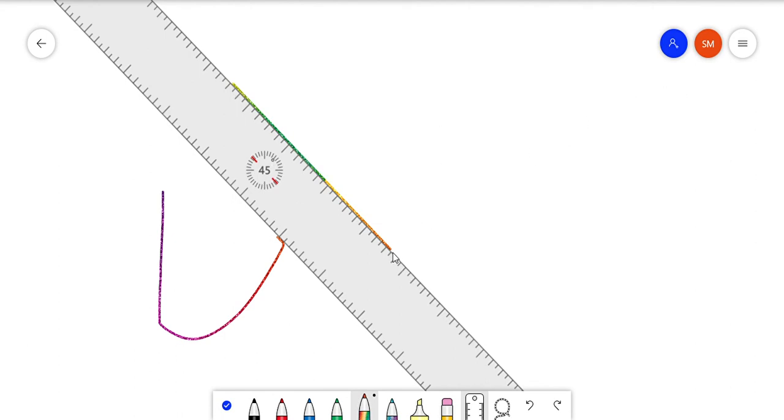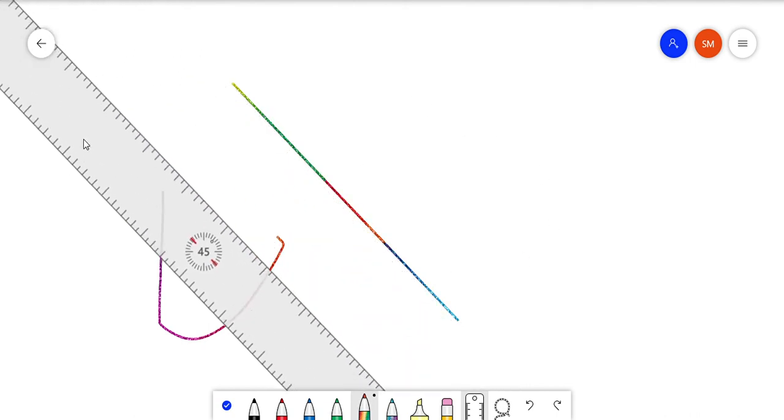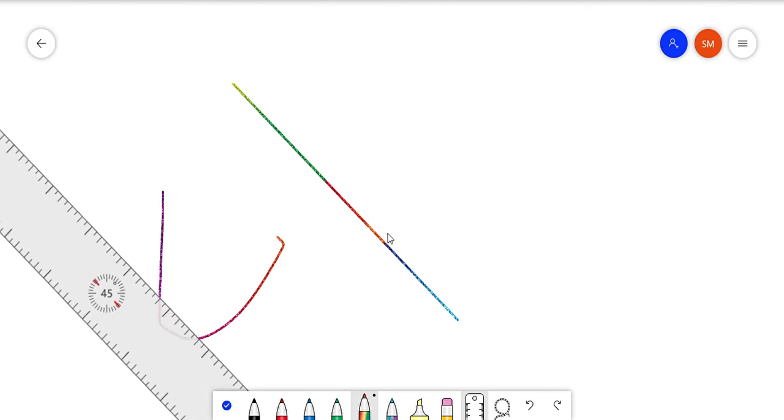This number line looks a little slanted, but yeah, there we go. That looks awesome. So to find the fraction, I'll make some lines over here.